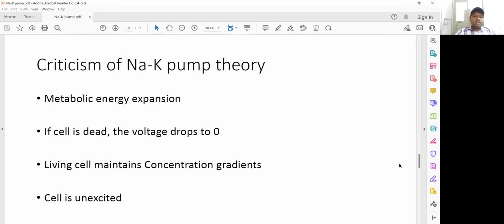And the cell is unexcited. Unexcited means the cell has not been given any stimulus. The cell is naturally maintaining its 90 millivolt. So the sodium potassium pump is maintaining its natural rhythm and natural course. The cell is not excited.